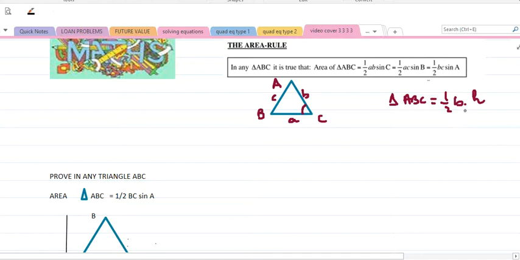Well, we are going to use this in our proof in order to prove the area of the triangle. So let's look at the proof of the area rule.